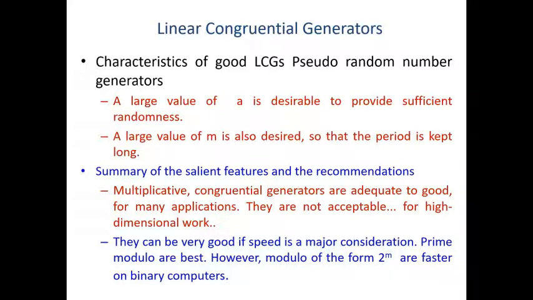Prime modulo LCGs, when I use modulo a prime number, are usually the best. But we even use modulo 2 power m because they are faster on binary computers. So even that would give you fast results on a binary computer.